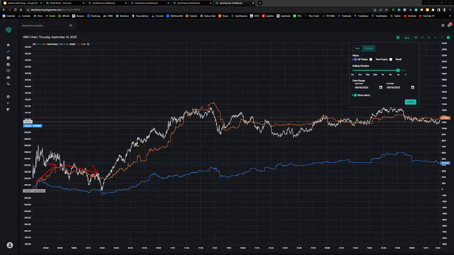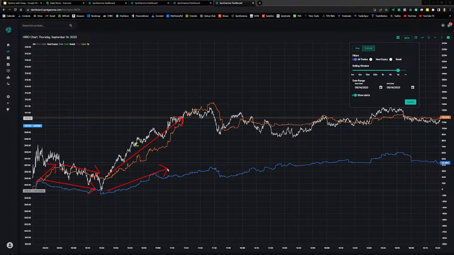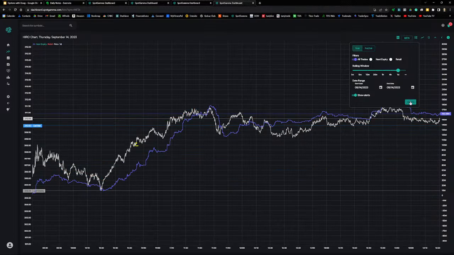That activity slows down a bit. Price retraces. They're also slightly buying puts. So right around 10:20, they start buying calls again. They start selling puts. That's shown by the rising orange line, call buyers, and put sellers shown by the rising blue line. And when traders buy calls and sell puts, market makers take the opposite side of those trades, and they have to buy stock to hedge their delta exposure. All right, so that's Meta.